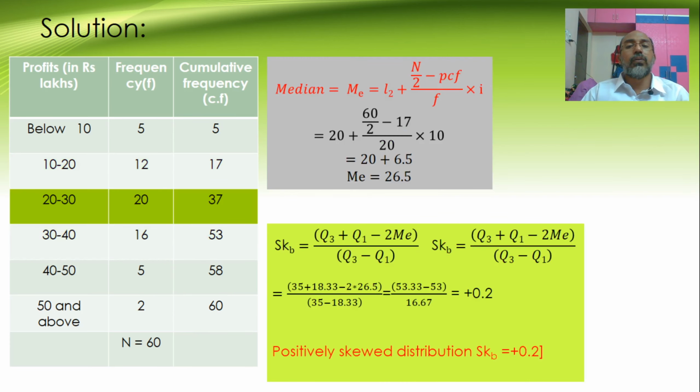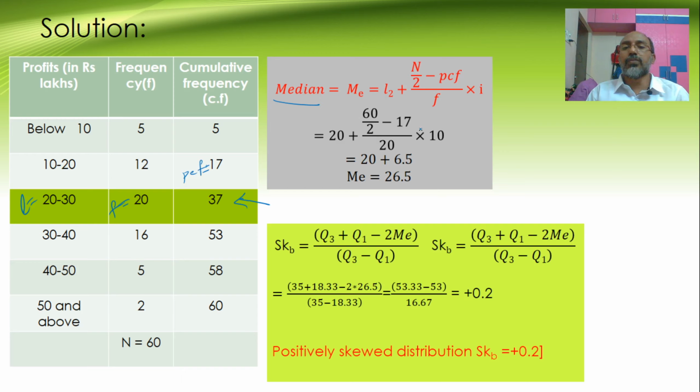The next calculation is the median. In the same way, n by 2 means 60 by 2, which is 30. The 30th term is falling in this green color class. So 20 has been taken as L, and 20 is also F. This is the PCF for this data, 17.